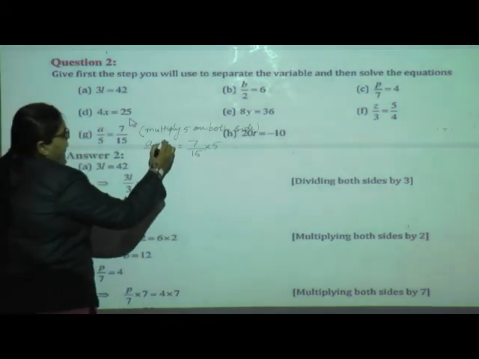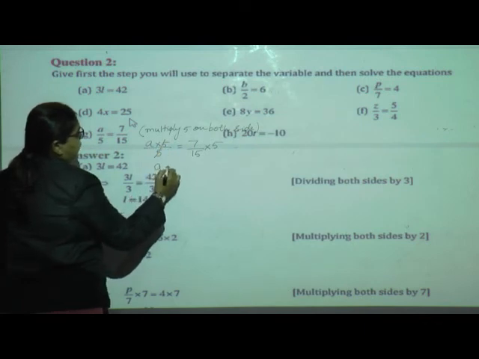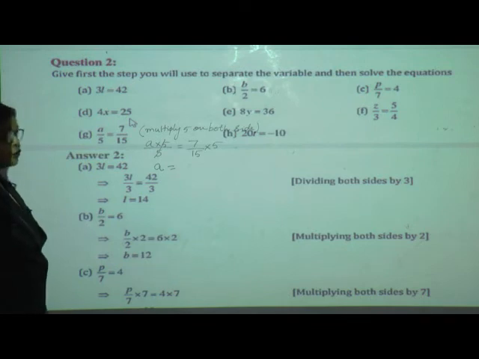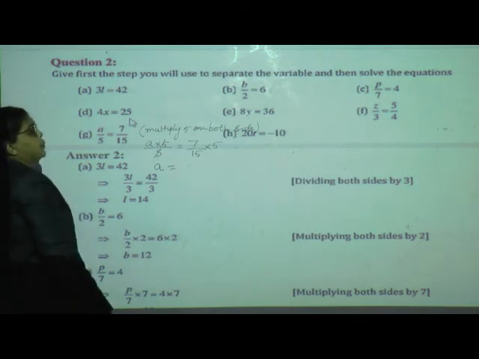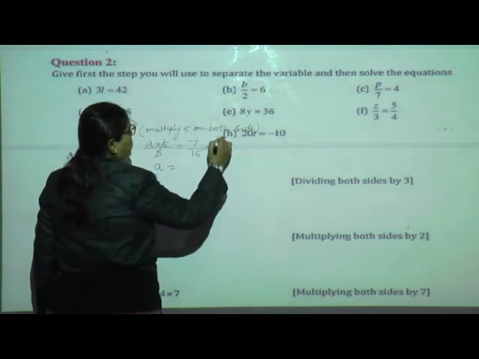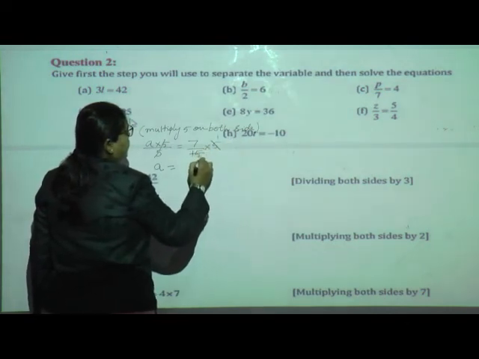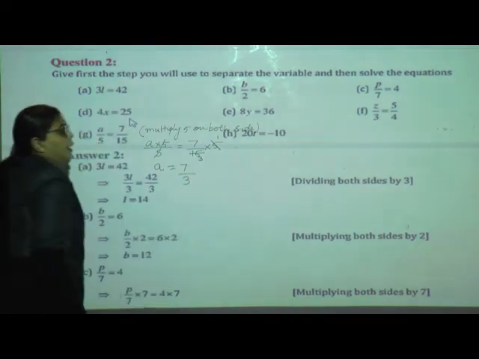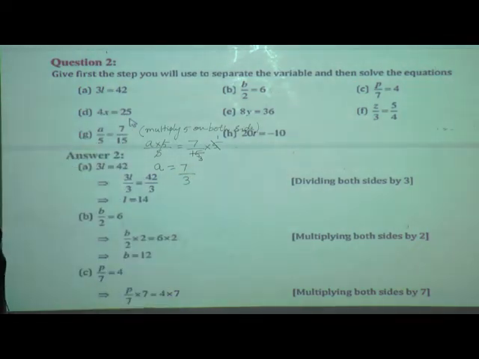Now both 5s get cancelled, so a is equal to, now just to recall fractions, if it is possible we have to reduce it. We can reduce: 5 ones are 5, 5 threes are 15, so what we are getting is 7 upon 3. a is equal to 7 upon 3.